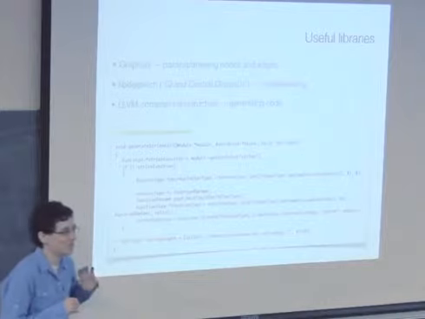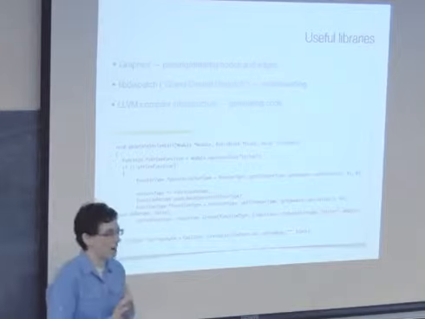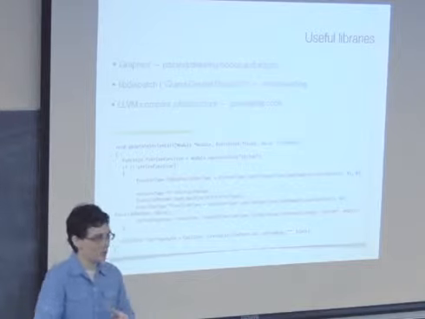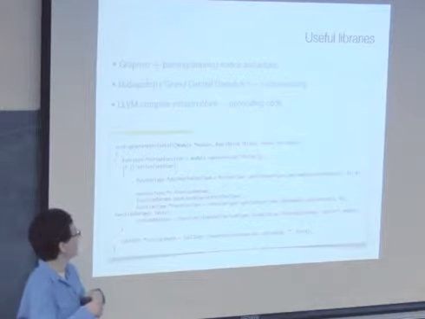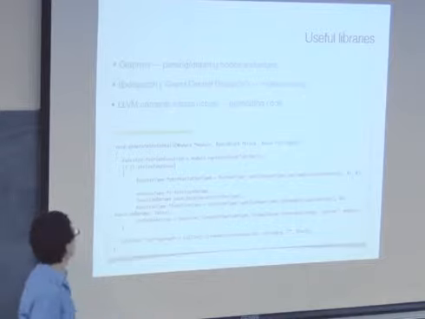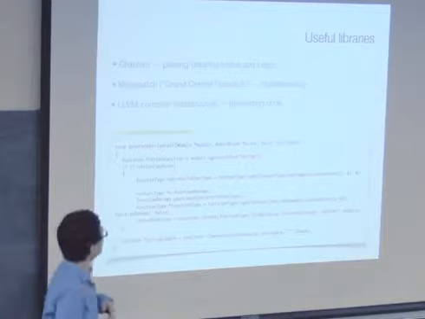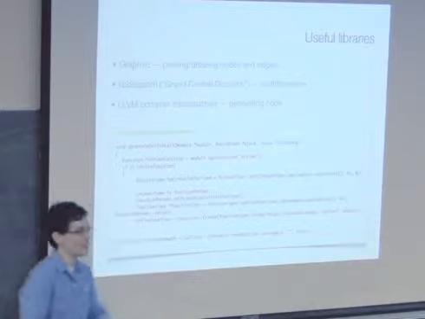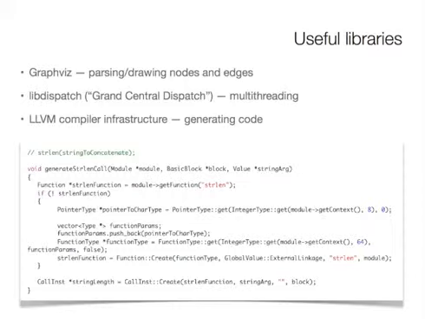Some libraries we used that might be useful to you as students or faculty. One was GraphViz, so that's what we use for storing the composition in a text format and parsing it. It's also useful for drawing graphs with nodes and edges. We use libdispatch, which I mentioned for multi-threading, and we used LLVM for generating code. And in case you're wondering, this is some sample code for LLVM, what it looks like to generate a simple function call.